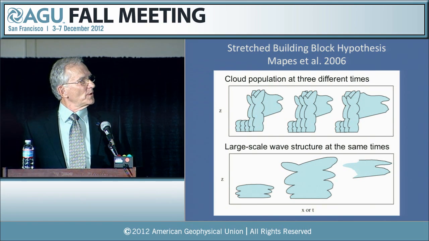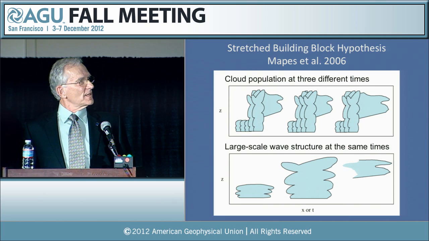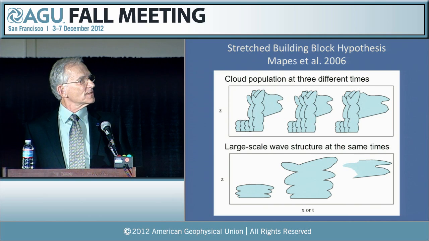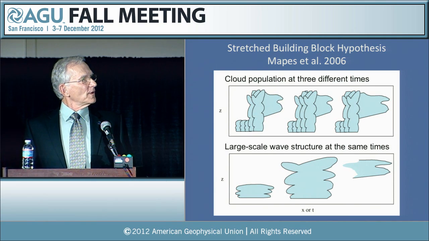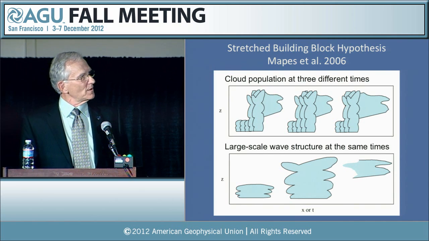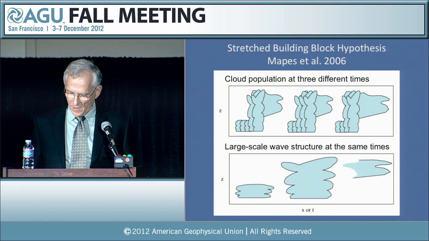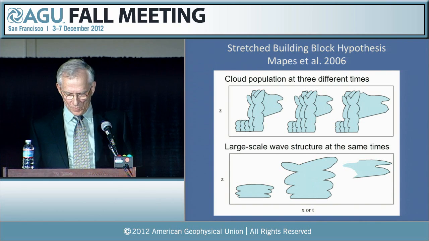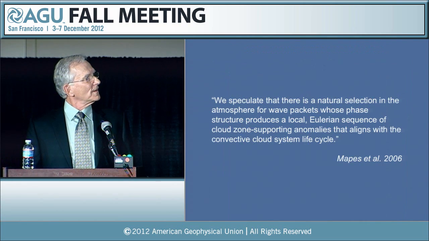So the point is that the nature of the cloud population changes from one phase of the wave to another, with the frequency of occurrence of convective systems in different stages of development being different in the different phases of the wave. He called this the stretch building block hypothesis.